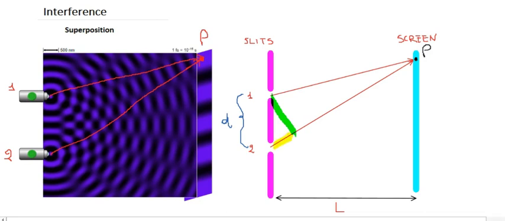This difference in distance, let's call it delta x. And if I call theta the angle formed in this right triangle, green, purple, and yellow, this angle theta helps me to find the delta x, because I would say d sine of theta is the change in path.